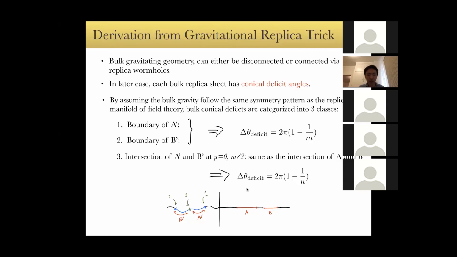And these intersections end up with a conical deficit angle that depends on them. And in the end, I will end up with A prime equal to IRA and B prime equal to IRB, and the union of A prime and B prime is the island of AB.